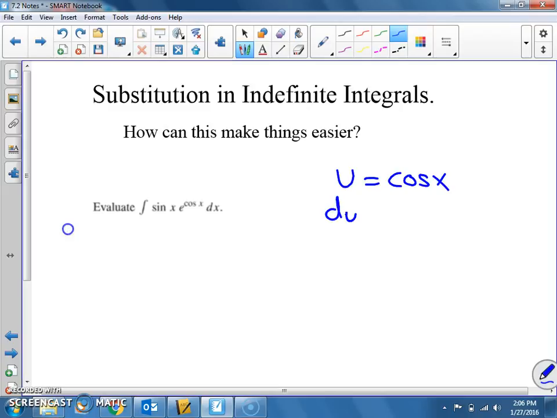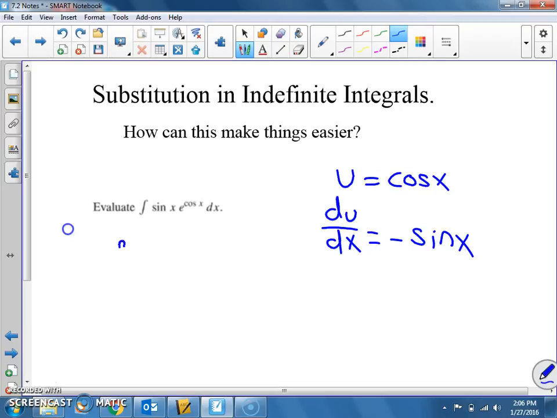Okay. So du dx is what? Negative sine of x. And this is where we have to start putting things on the inside and the outside of our integrand. So how can I write this down to make it look like that inside, to replace this inside the integrand here?